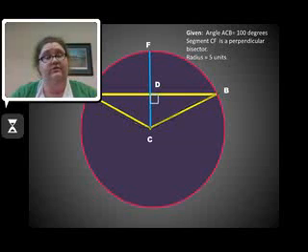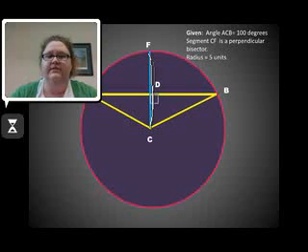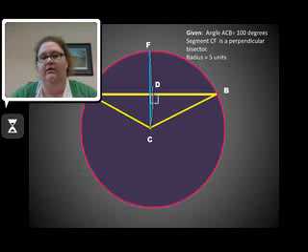Now, I've constructed another radius, CF, and you'll notice that I also put in here that that forms a 90-degree angle with the intersection point at AB. So this, if you remember, is a perpendicular bisector. So CF is a perpendicular bisector to our chord AB.